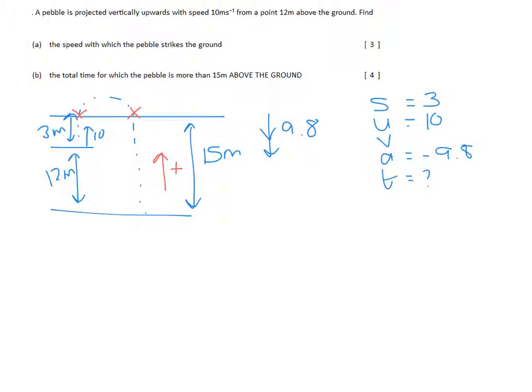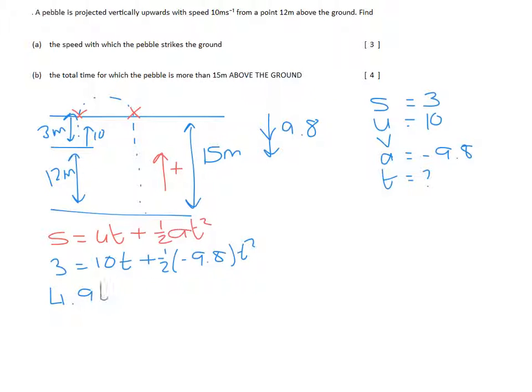So with s, u, a and t, we're going to be using s equals ut plus a half at squared. 3 equals 10t plus a half lots of minus 9.8 t squared. Rearranging, we've got 4.9 t squared minus 10t plus 3 equals 0.